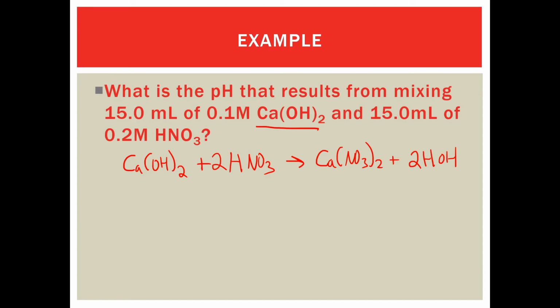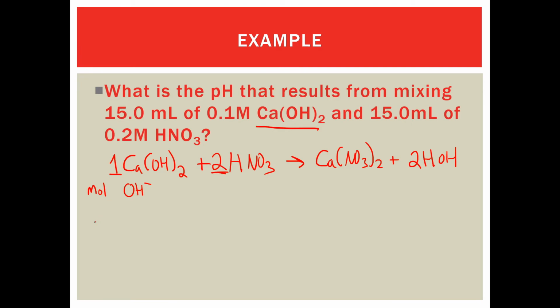Well, it just means that for every one mole of calcium hydroxide, we require 2 moles of nitric acid. But the process is still the same. We still have to calculate how many moles of hydroxide we get from the calcium hydroxide.